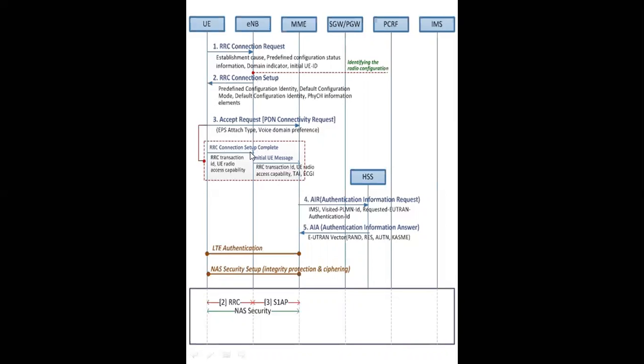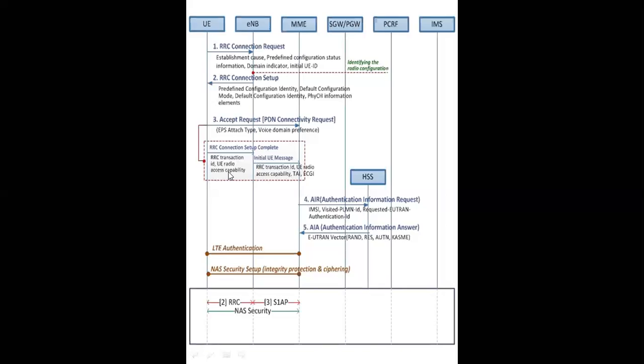Now based on that, the UE sends the RRC connection setup complete message. This is your message 5, in which the UE includes the RRC transaction ID and the UE radio access capability. This UE radio access capability is your network capability: what kind of security parameters and what other features the UE supports with the MME.